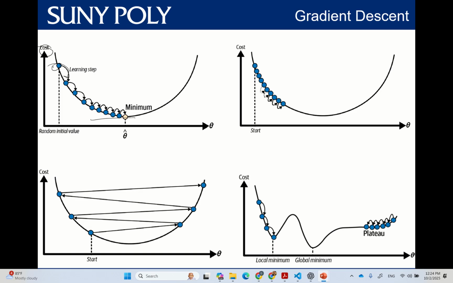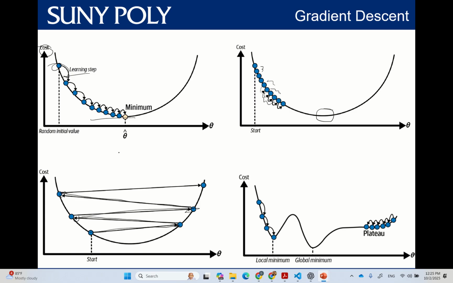Now, the learning step matters because if it's too small, it will take a lot of iterations, like in this plot here, to get to the minimum value, to the optimal value. But if the learning step is too large, then maybe our algorithm is going to diverge, meaning that it won't be able to find the minimum or the optimal value, right?